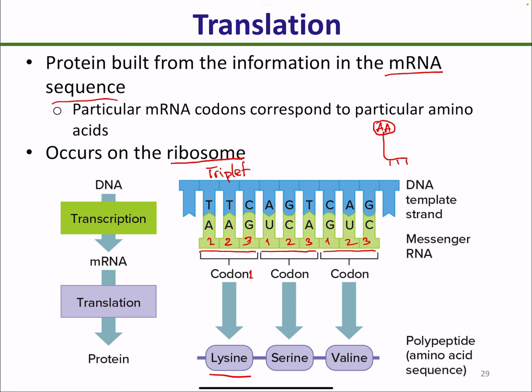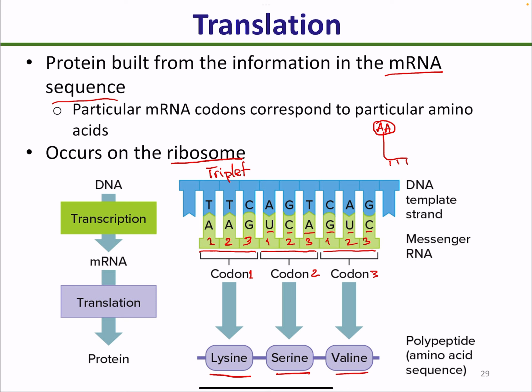Then the ribosome is going to read UCA, that's the second codon. So codon number 2, the equivalent amino acid for that codon is serine. And then you have GUC, the codon number 3, the equivalent amino acid is valine.